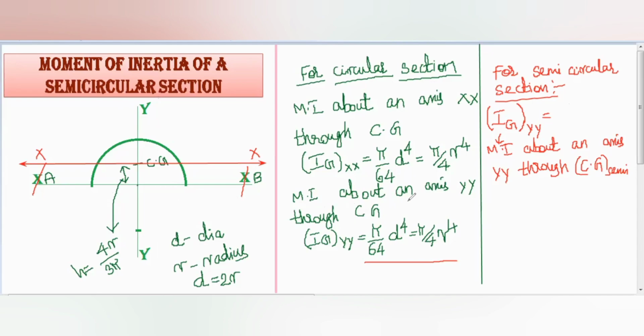So the moment of inertia about an axis y through the center of gravity for a semicircle is half the value of the same moment of inertia about an axis y through the center of gravity, what we discussed here. Here half the portion is removed, so the formula will be half of the formula of the circle. So half the value of pi by 4 r power 4, we can write this as pi by 8 r power 4.